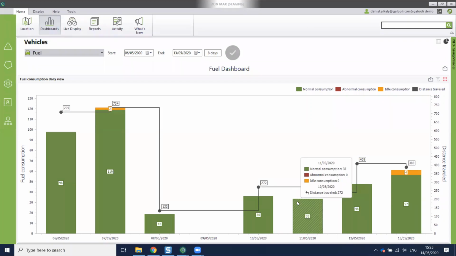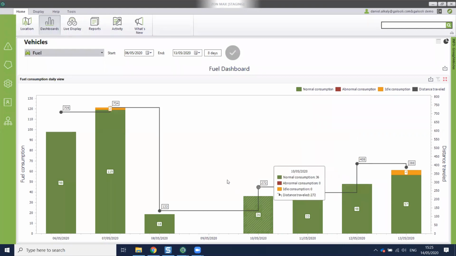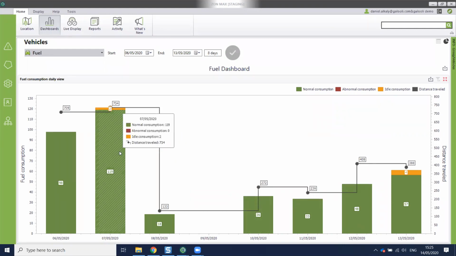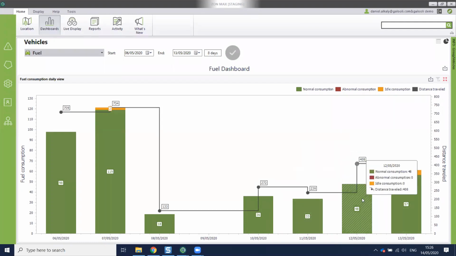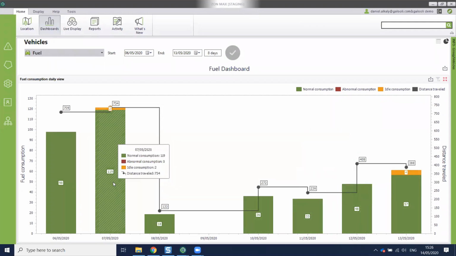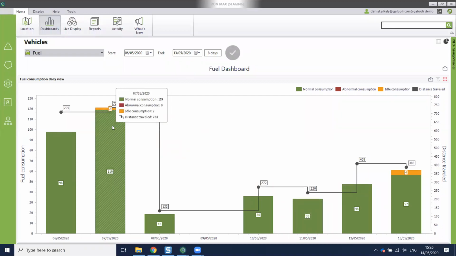That's either fuel which was consumed if the vehicle was not operational, or if we're seeing a very large decline of fuel in a very short period of time. Obviously, when we're looking at this information, we expect to see the bars like we're seeing it now, mostly green, and we expect to see less of the orange and red sections, because that simply means the fuel was wasted without being consumed properly, especially with the orange sections when we're talking about idling.